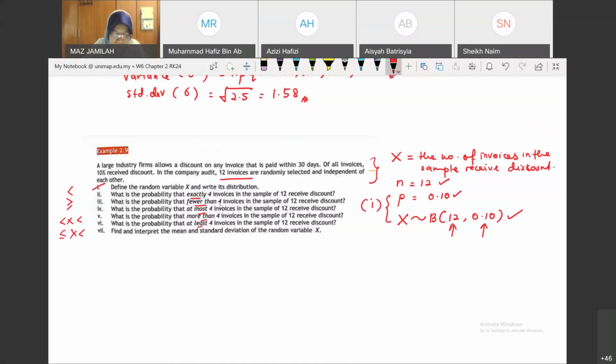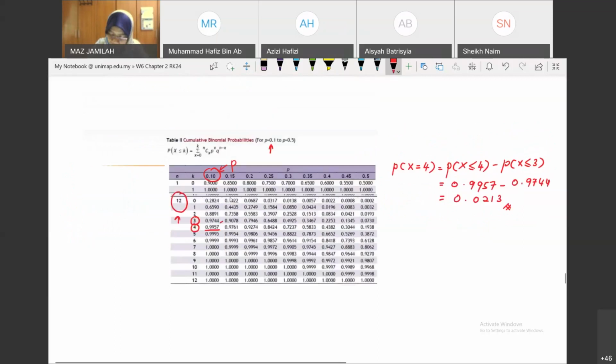So now you are looking for less than 4. Less than 4 means theoretically P(X = 0) plus P(X = 1) plus P(X = 2) plus P(X = 3). But using the binomial distribution table, you can simply use P(X ≤ 3) directly.